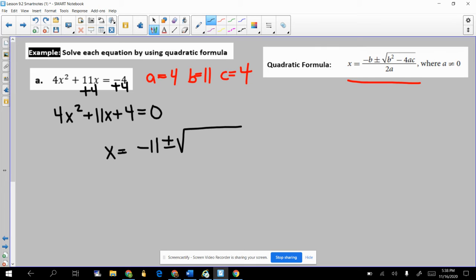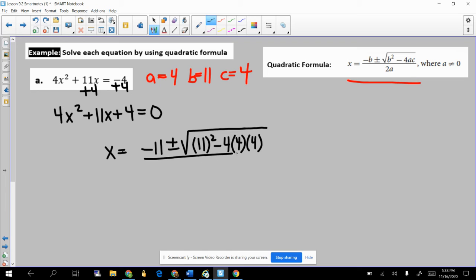And then square root of b squared, so b is again 11 squared. And then minus 4 times a, which is also 4, times c, which is also 4. But it's 4ac. All over 2a, so 2 times 4.